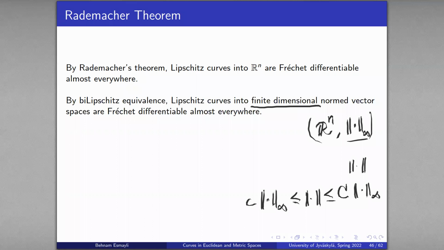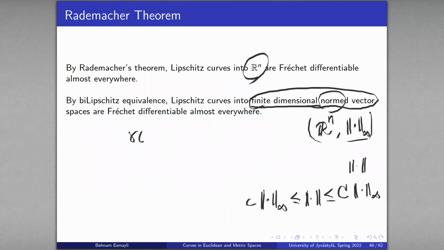Because of this, if you have Lipschitz curves into this finite dimensional normed vector space, then basically you have Lipschitz curves into R^n, when you forget this new norm and replace it with the usual norm. And then by Rademacher's theorem, it is Fréchet differentiable.